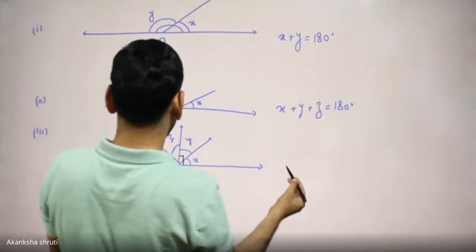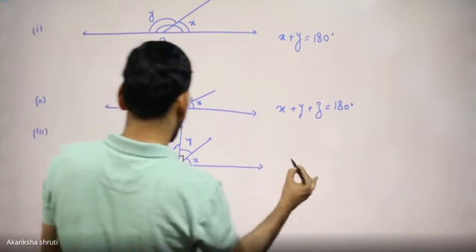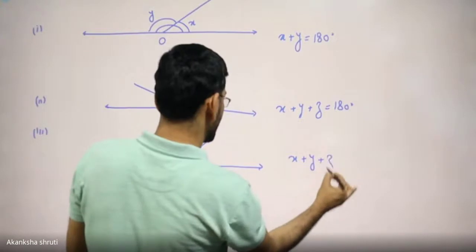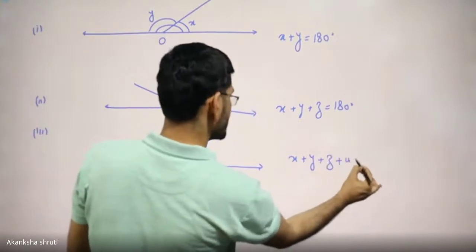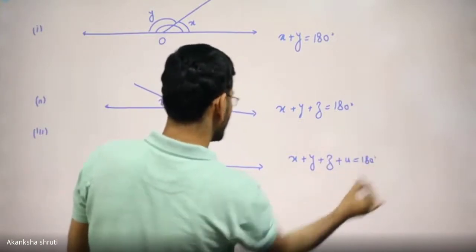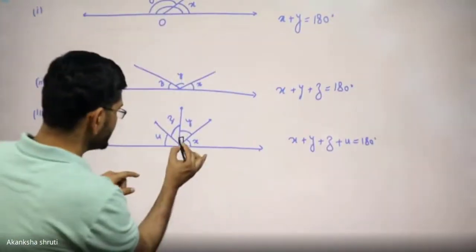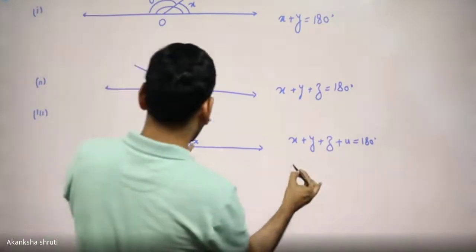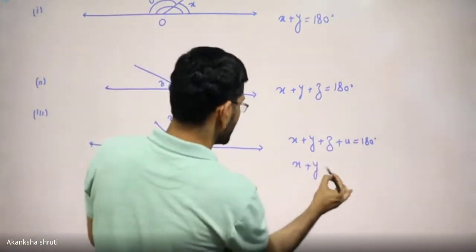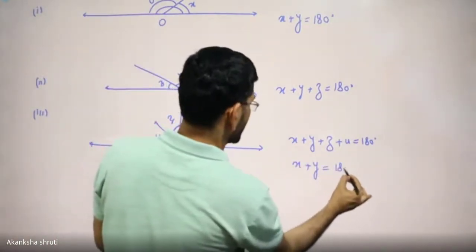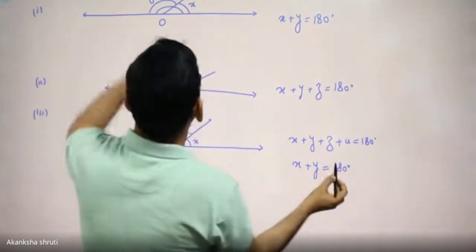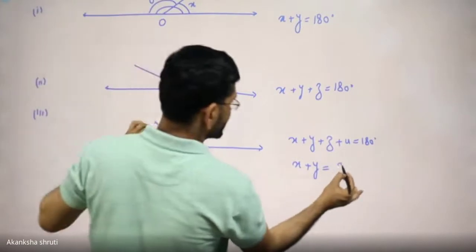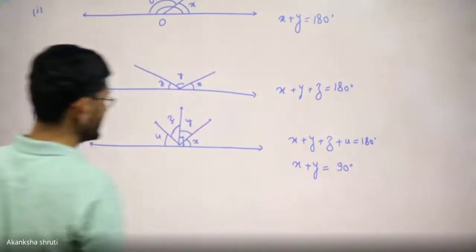Like, this is the straight line. So X plus Y plus Z plus U is equal to 180 degree. The other one, considering this symbol, we have X plus Y is equal to 90 degree. Students, this is the symbol for 90 degree, so we shall write this as 90 degree.